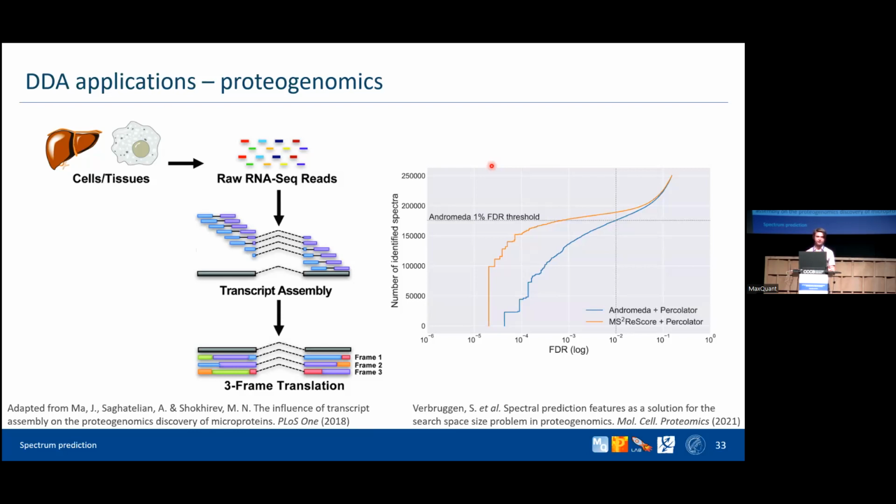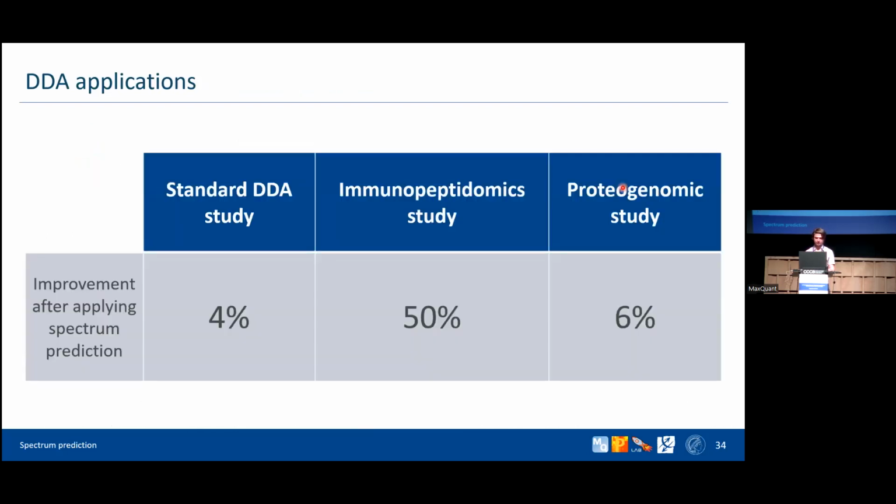So similar to the standard DDA analysis, the improvement is FDR dependent and is larger at highly specific regions. And at the standard cutoff of 1% FDR, the increase in identifications was around 6%. Now, if we compare the benefits that spectral predictions provide to immunopeptidomics and proteogenomics, one can see that the former is a clear winner. And this can be somehow related to the fact that it's dealing with non-tryptic peptides.